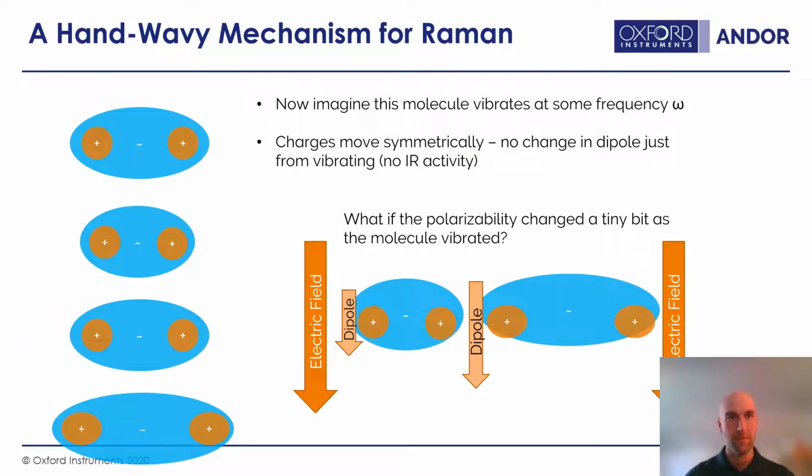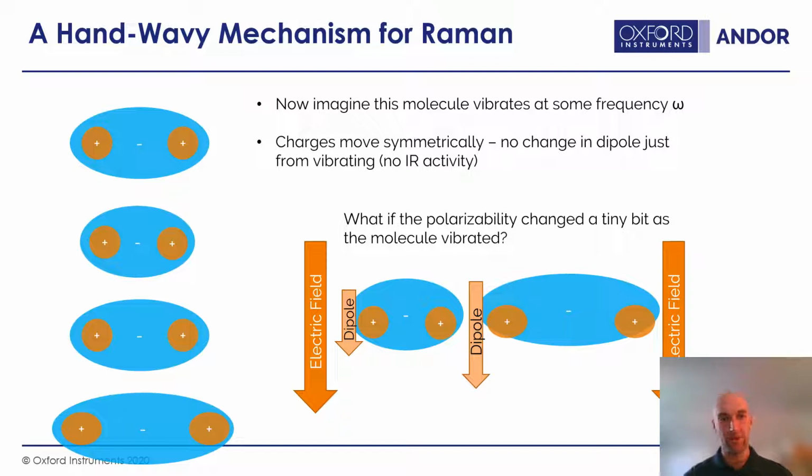So now imagine that this molecule vibrates at some frequency omega. So here I've pulled a few frames from this vibration. It's here, it gets pulled together, squished, and then it bounces back and forth. So the charges move symmetrically, no change in dipole just from vibrating.